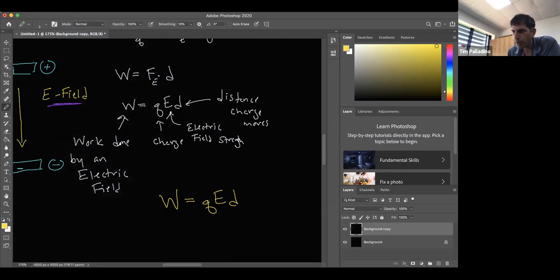And then the other one that I'm going to use today is work, we're going to actually write this as delta U. This is electric potential energy. This one I'm going to give you without showing you where it came from. We're going to write this as this. So these are two energy equations.